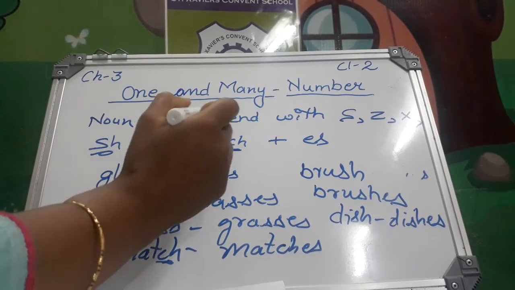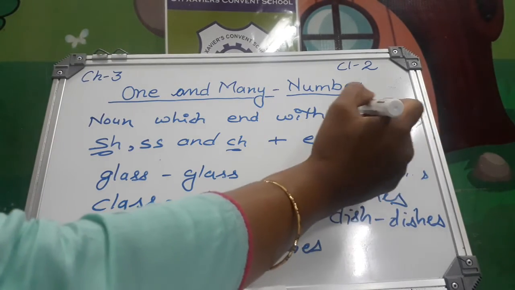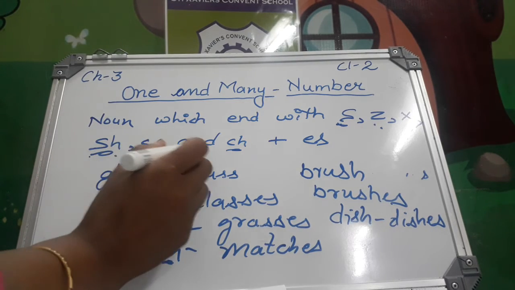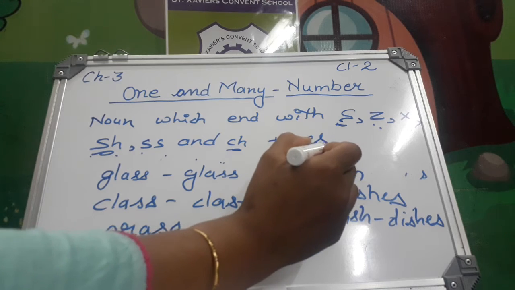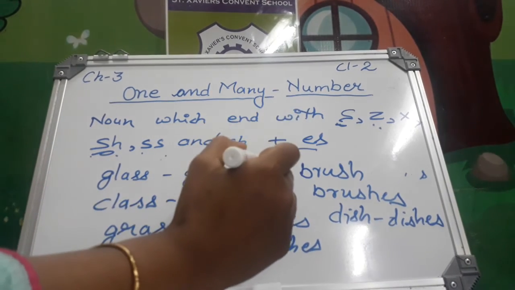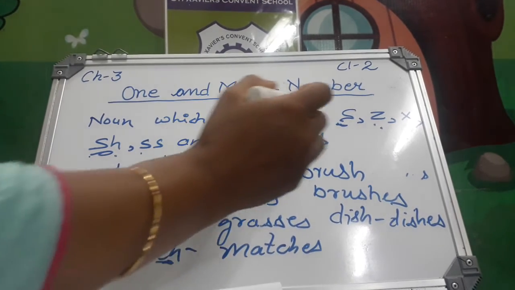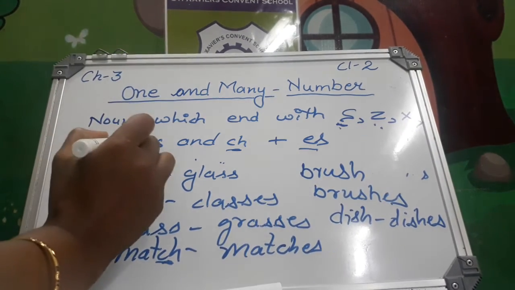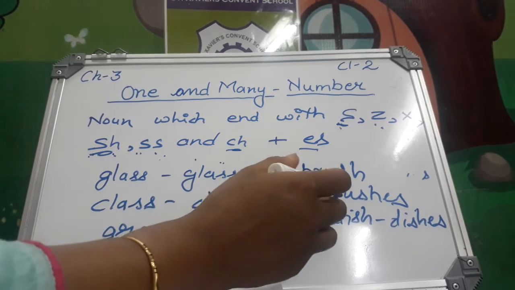The nouns which end with s, z, x, sh, double s and ch, we will add es when we convert them into plural. When we convert singular to plural of these nouns which end with s, z, x, sh, double s and ch, we have to add es with these nouns.